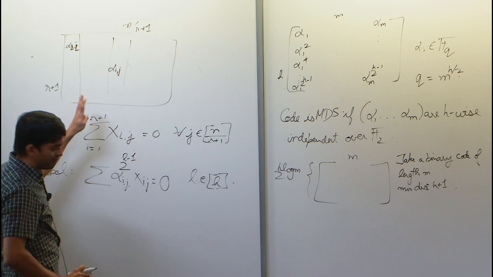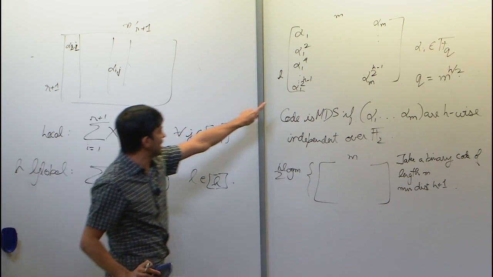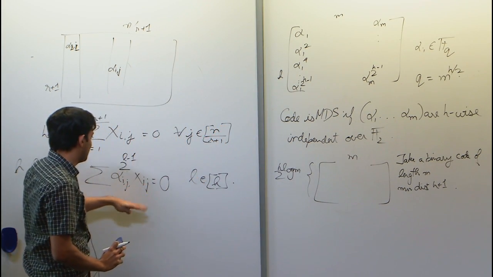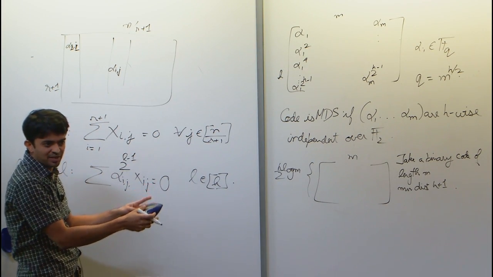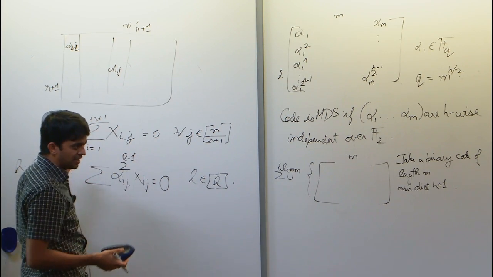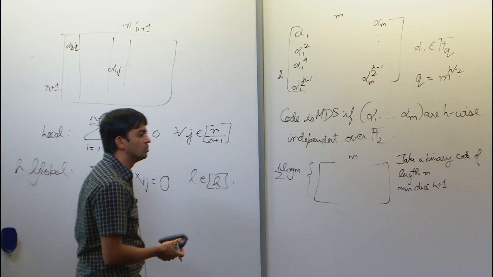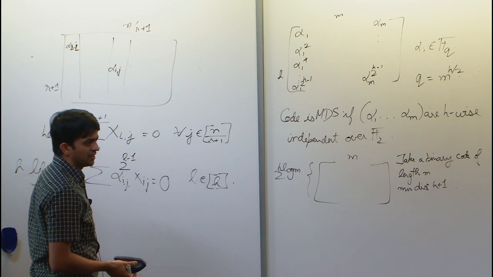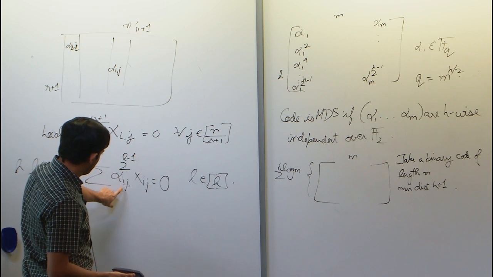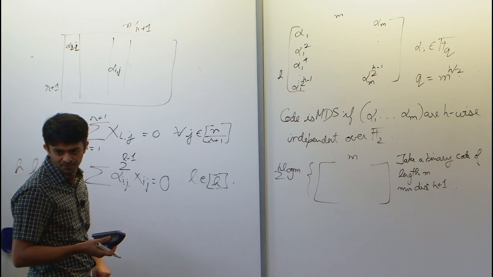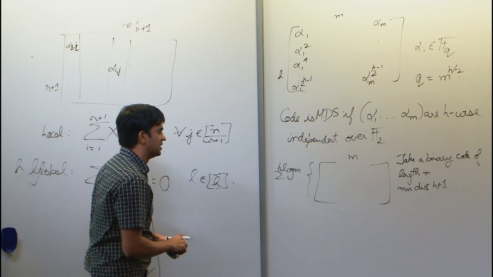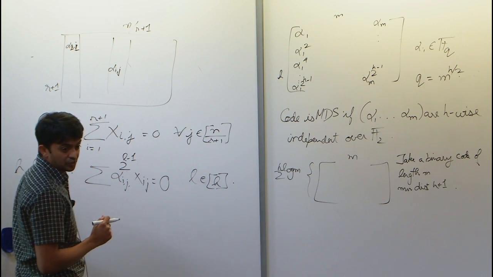And then I say that my global parity checks are exactly of this shape. You take your alpha, raise it to various powers of 2. So alpha is the first parity check, alpha squared for the second, alpha to the fourth for the third, and so on and so forth. All right. And I claim that by suitably choosing the alpha i's, we'll be able to get the stronger property. So let's see that this is indeed true.